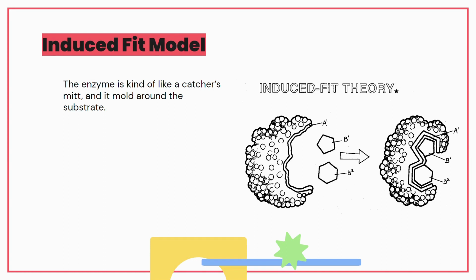But if you wrap your hand around the baseball, then it stays in place, and it fits. So here you can see that this shape over here doesn't actually fit the substrate very well, but as the substrate comes in, the actual shape of the active site changes.